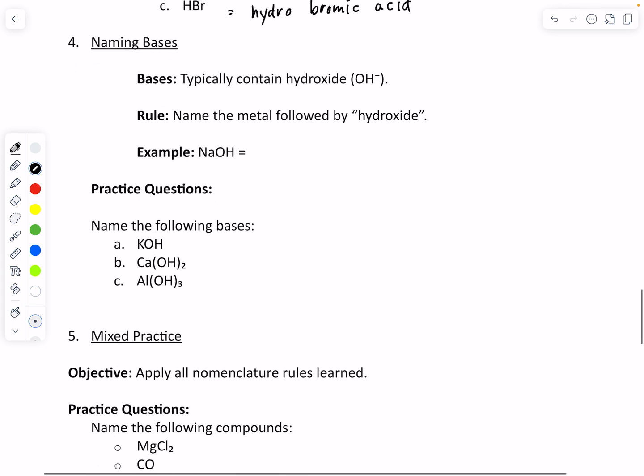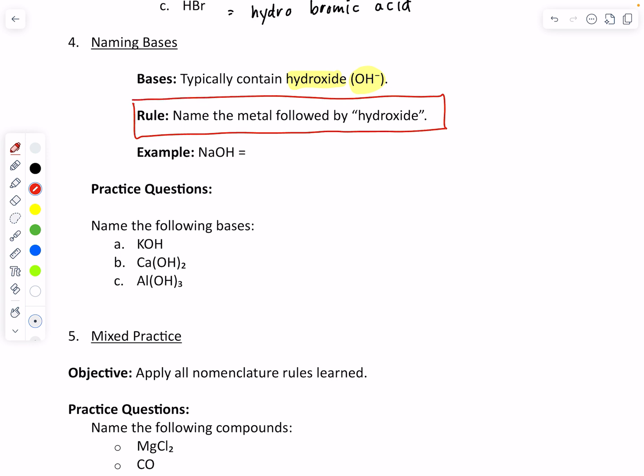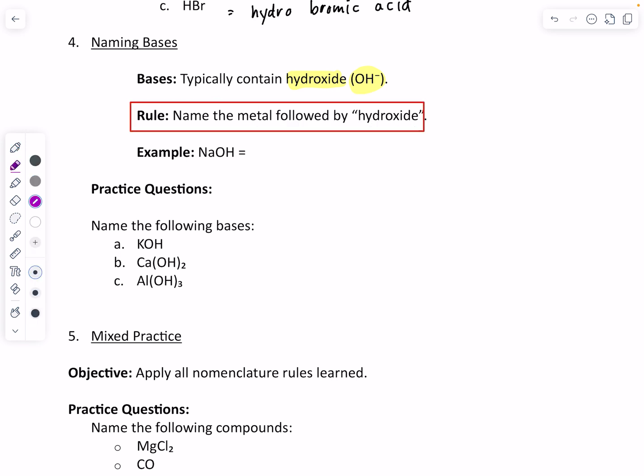Let's take a look at how to name bases. Bases typically contain the ending for the ion OH, which is the hydroxide ion. And the rule for naming bases is name the metal followed by the word hydroxide. So here we have sodium hydroxide.